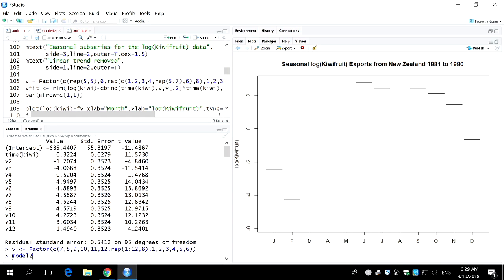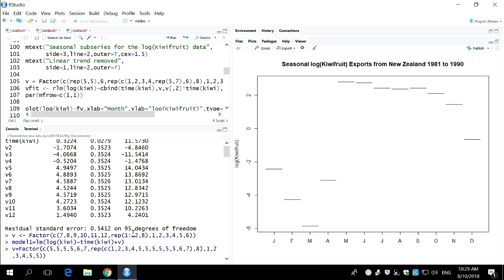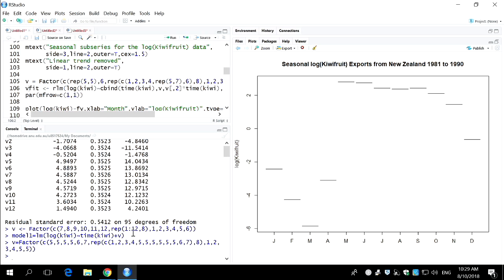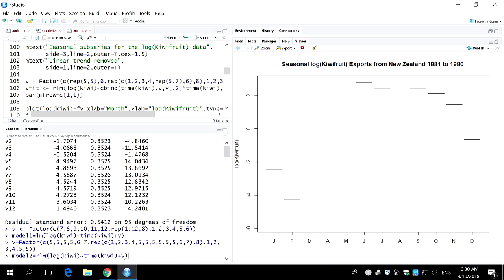Here's model 1 again, refit using lm, and I'll refit model 2 using lm. People often ask me, what about lm, rlm, which one do you use? Truthfully, for time series, it's not going to matter because there aren't any outliers here. So you might as well have just used lm. I get so used to using rlm that I just do it by rote. So let's refit those using lm.